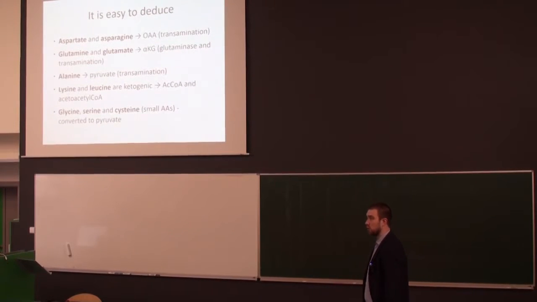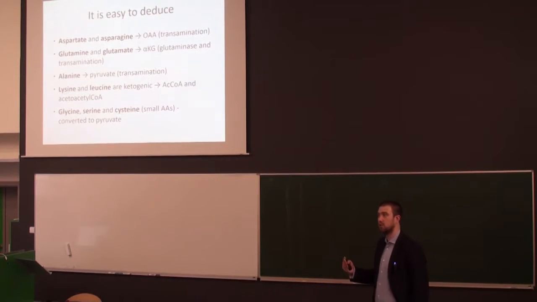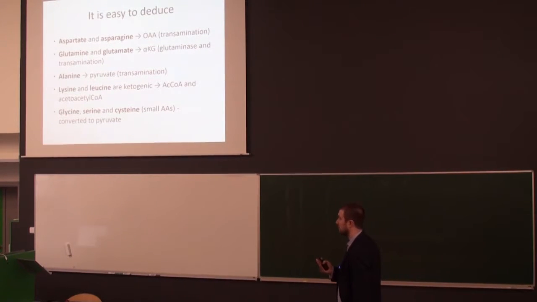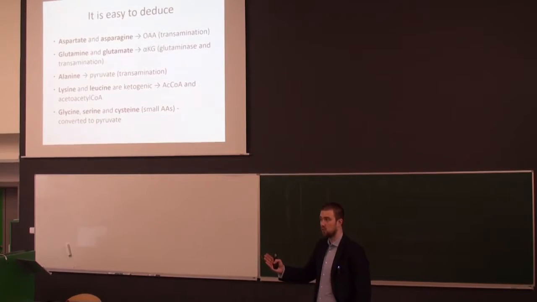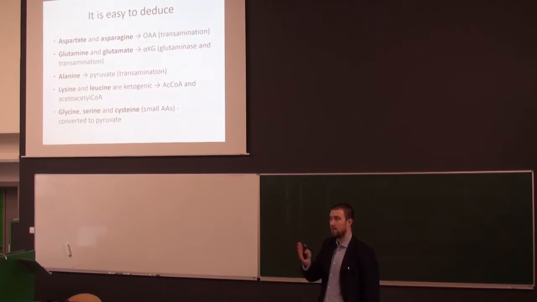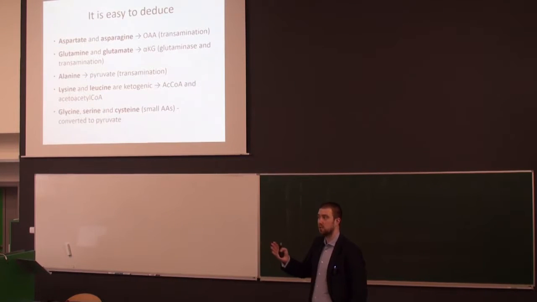You can have some question on the defect, but then we are asking you more on the general understanding. What does it mean if you have a defect somewhere? That means that you will accumulate the substrate and you will be missing the product. So that can be the question.